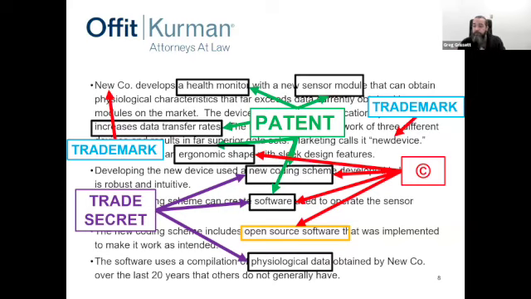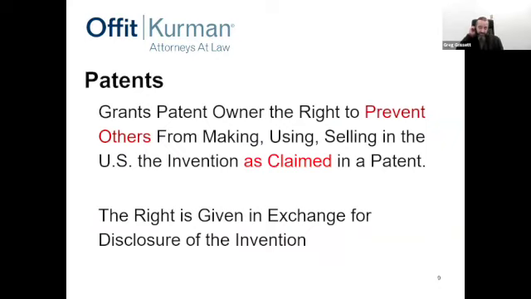Okay. We're going to pivot to patents mainly for the rest of the presentation. And I want to just start out with some basics, meaning patents are really an exclusionary right. It's not a right that gives you permission to do something.